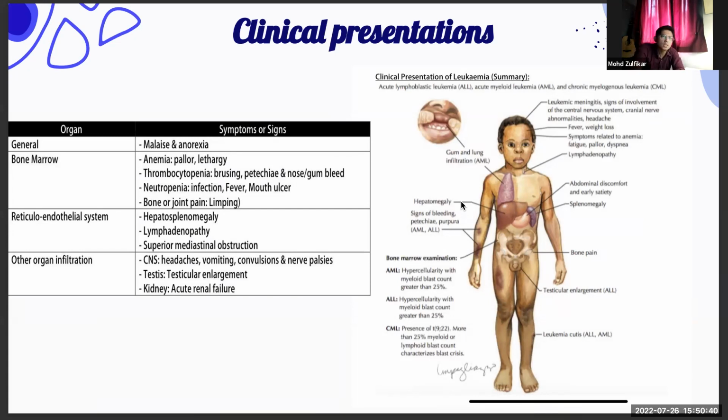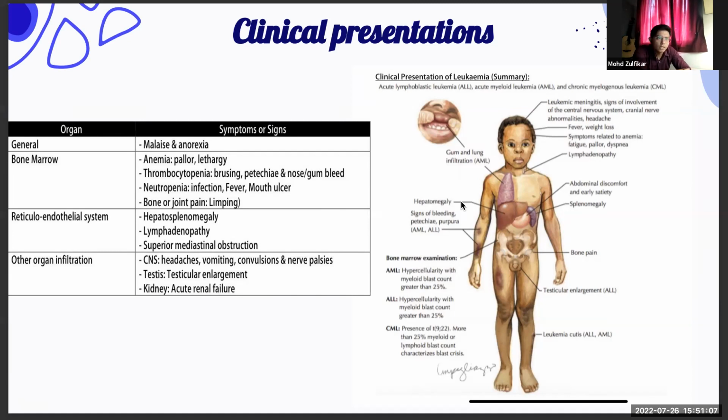Generally, the patient might look malaise or have anorexia. However, when there is bone marrow infiltration, the patient will present with anemic symptoms, thrombocytopenia, neutropenia, bone or joint pain. If the reticuloendothelial system is involved, the patient will present with hepatosplenomegaly, lymphadenopathy, or even superior mediastinal obstruction.